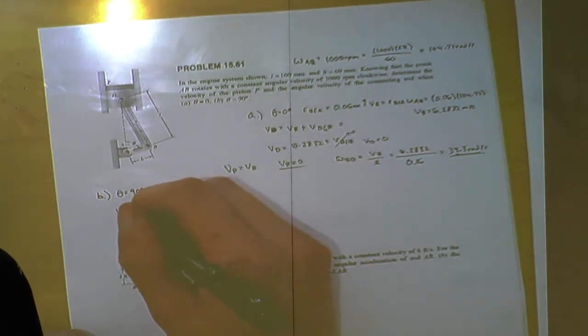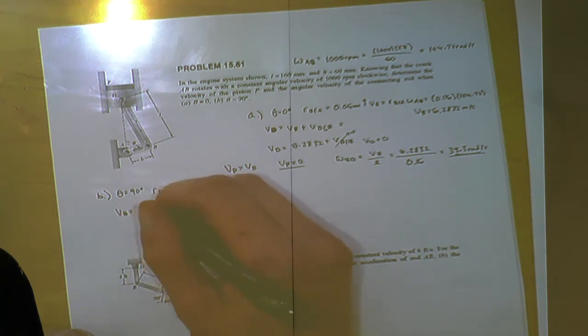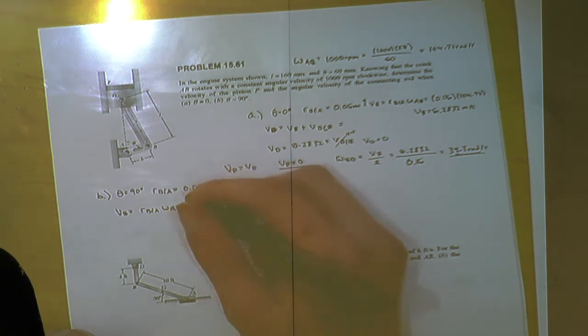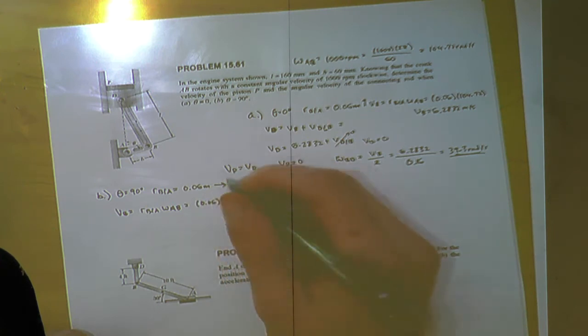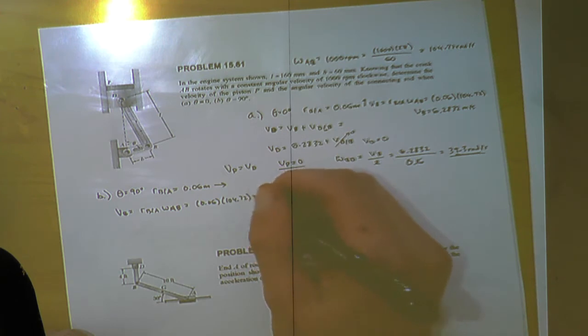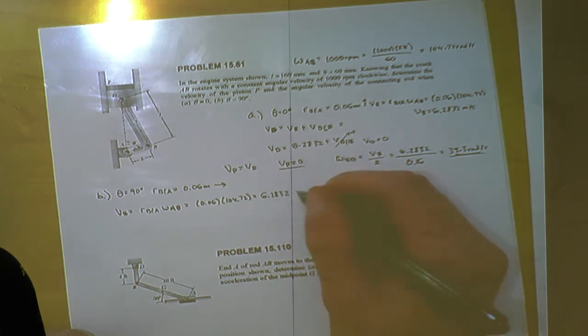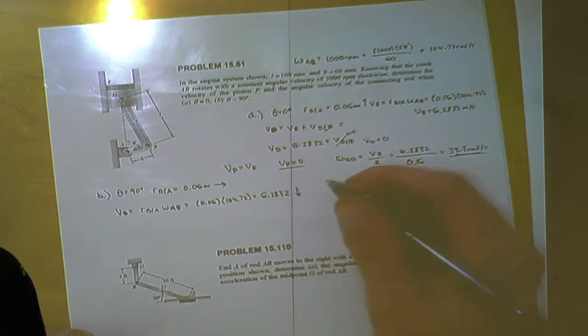We have vB is equal to that position vector times angular velocity. So it's going to be 0.06 times 104.72. That's equal to that same value, 6.2832, but this time it's going to be moving down.